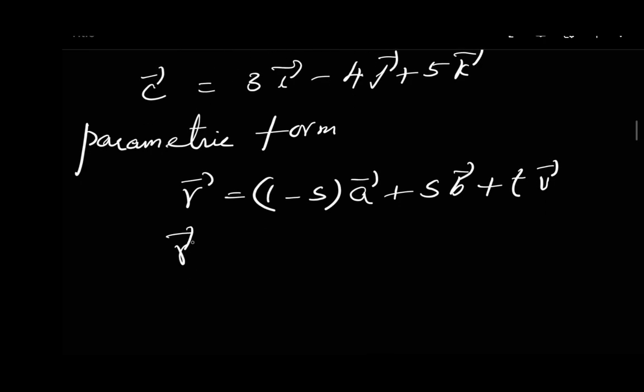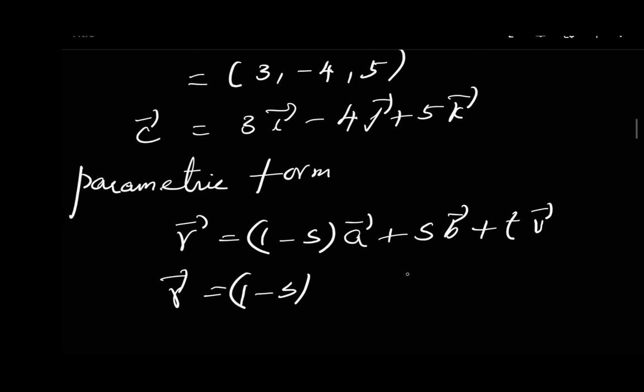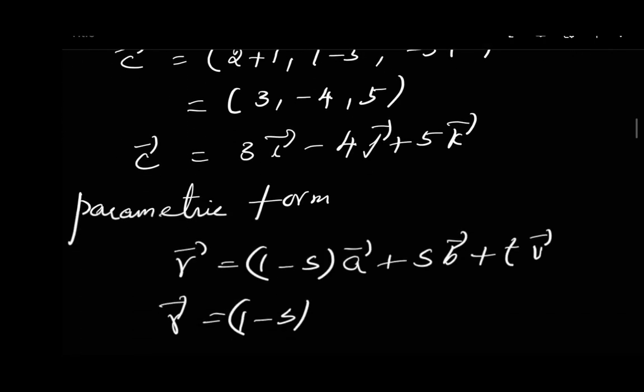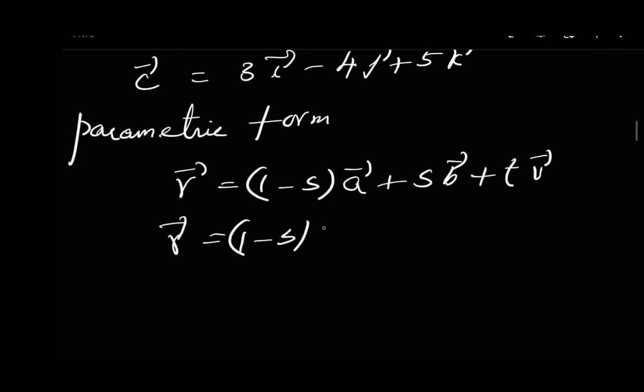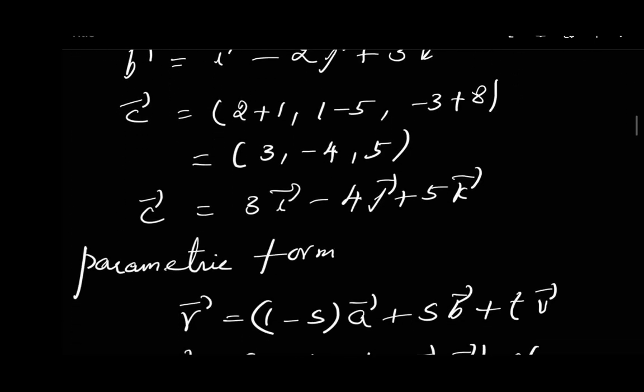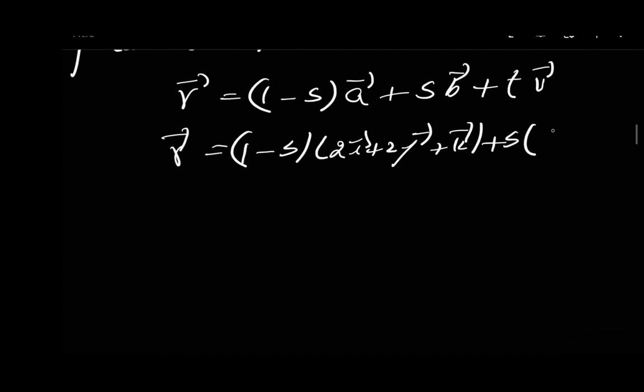Substitute here: vector r equals 1 minus s into vector a, which is 2i plus 2j plus k, plus s into vector b, which is i minus 2j plus 3k.